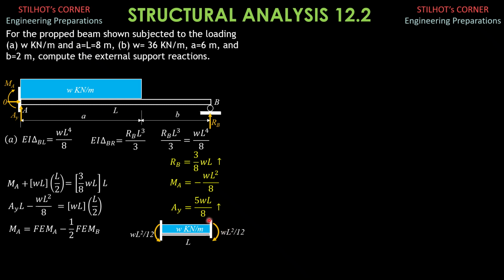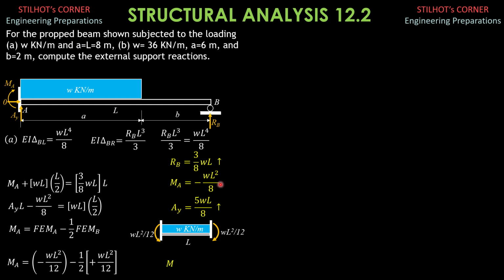That's the sign convention from slope deflection equations. Then at the right side, because this is the actual fixed moment, is clockwise, so it is positive WL squared over 12. So moment at A is negative WL squared over 12 minus 1/2 of positive WL squared over 12. So this is negative 1/12 WL squared, then negative 1/24 WL squared.